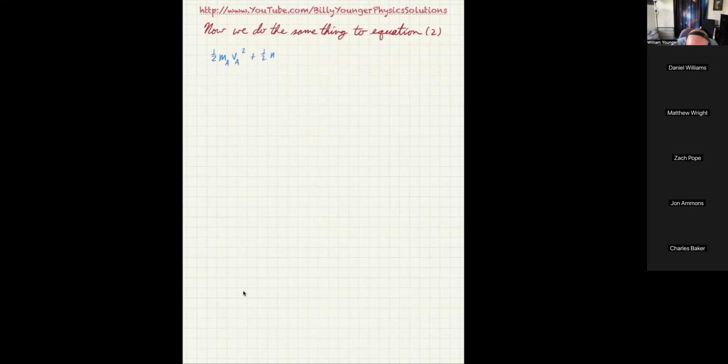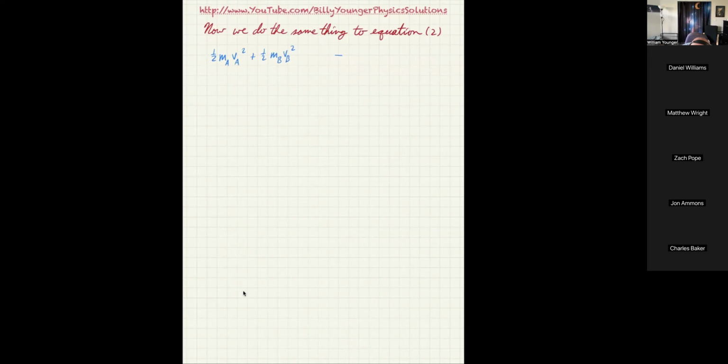Now we do the same thing to, oops, equation 2. So again, I'll write down 1/2 MA VA squared plus 1/2 MB VB squared.